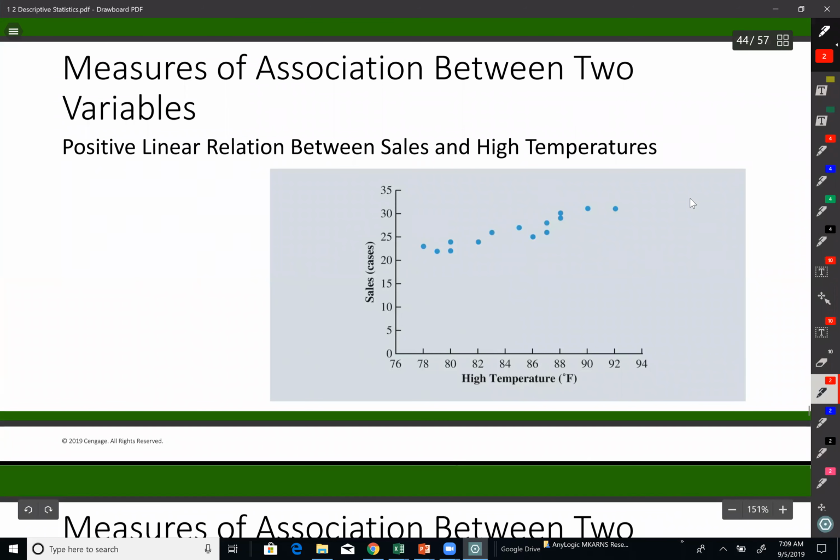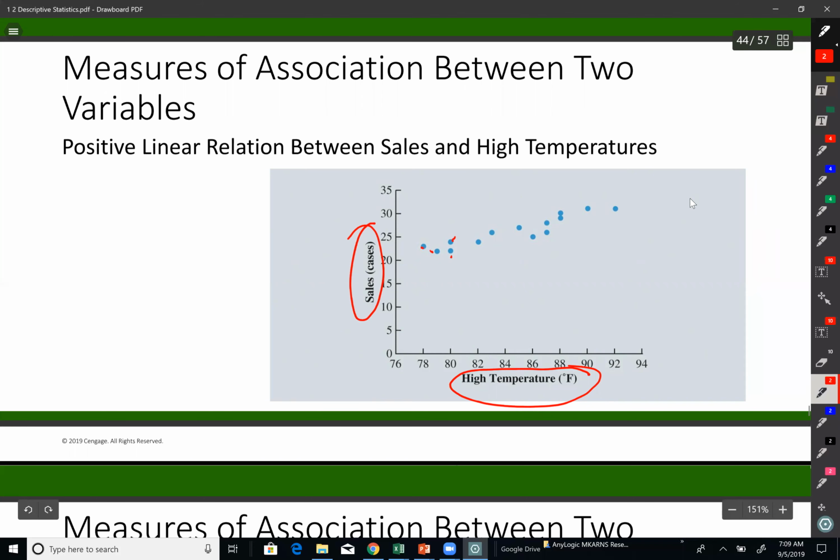In scatter plots, we put the independent variable, in this case the predictor, high temperature, on the x-axis, and the y-axis is my dependent variable, or the variable that I'm trying to predict. In this case, the sales. So when I plot the data points given in the previous table, I get these dots.